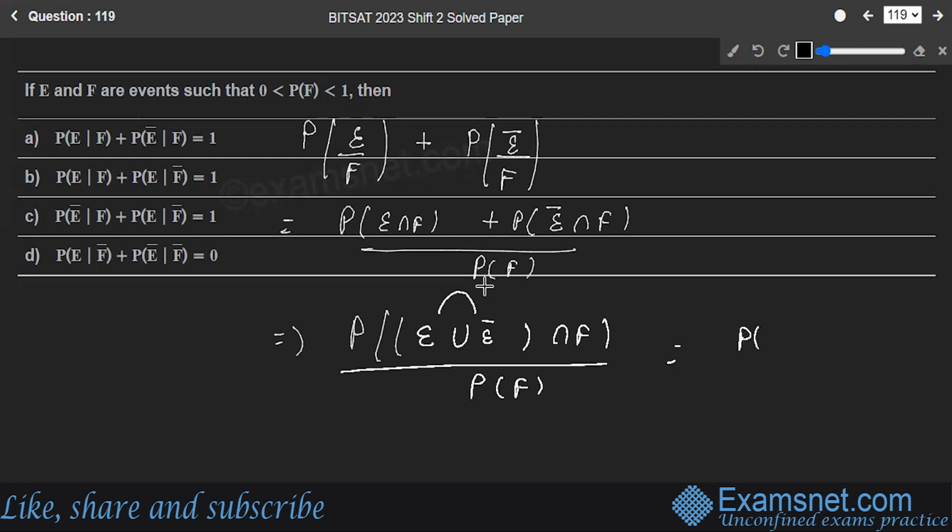This is nothing but P(F)/P(F), which is equal to 1. So this gives you the right answer. Option A is the correct answer. Hope you got that.